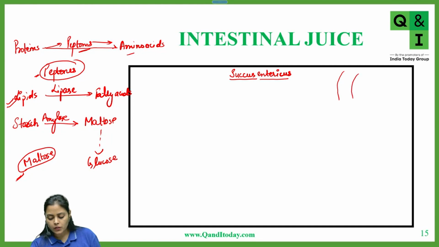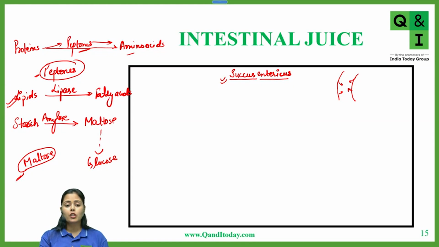Okay, so this was the intestine. The walls of the intestine release this juice into the intestine, and this juice is called succus entericus. Now, what will succus entericus do? Succus entericus has all the enzymes which will digest these molecules as well. For example, it has dipeptidases.